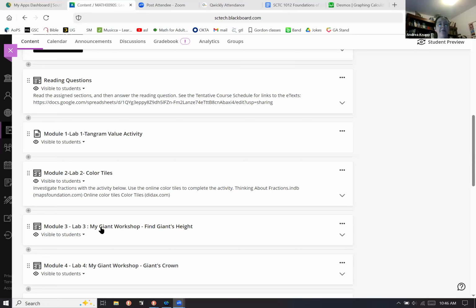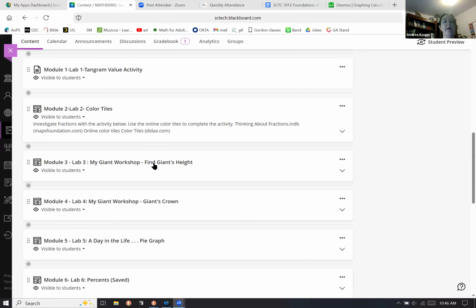Okay, so we're going to module 3, which is lab 3, the My Giant workshop. So the story on this lab is that there's some sort of guest intruder that is coming into the classroom, they've come in, they've gone out, but they've left a footprint.